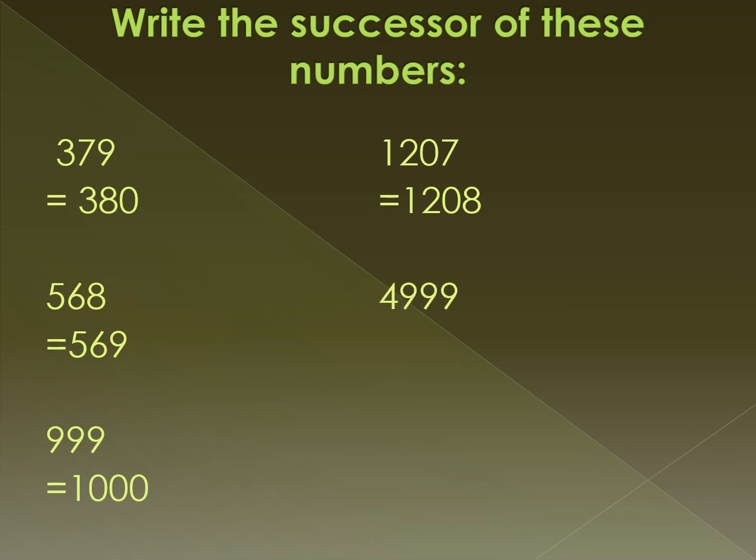The successor of 4999, the number that comes after, we add 1 to this, will be 5000. And the successor of 9099 will be 9100. So this is how we write the successor of numbers.